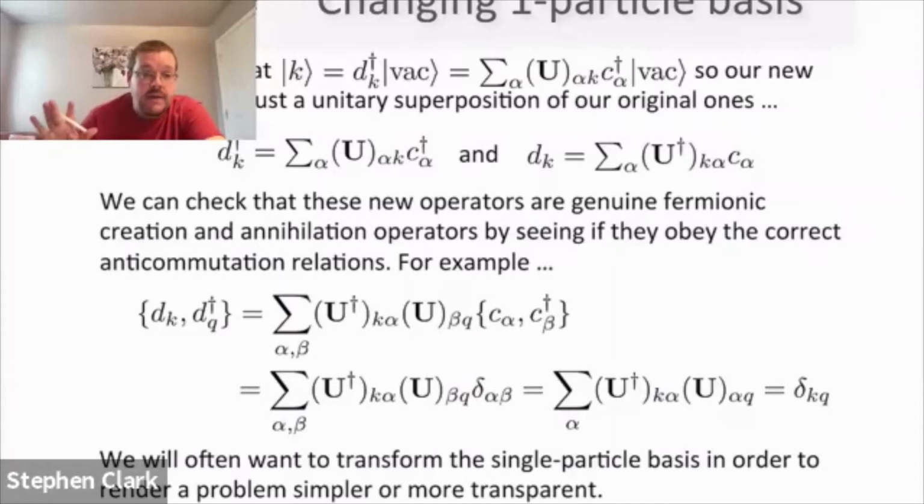What do I mean by that? I mean that they will obey all of the same anti-commutation relations that we derived in the last lecture for the c_alphas. And how to show that?